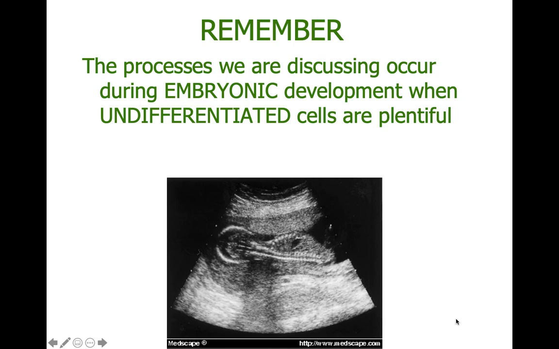They're just kind of floating along going, I'm not sure what I want to do. That's what these undifferentiated cells have the ability to do. So when you're reading and talking about this process of ossification, you've got to realize that we have cells that haven't been determined yet. They haven't gone down a path yet, so they can change what they're going to become.